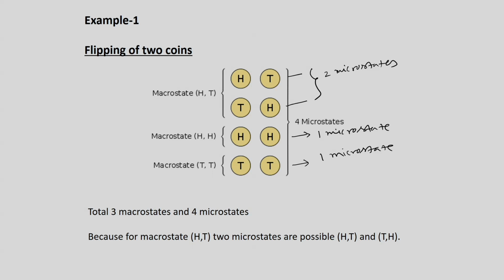What are those macrostates? One head one tail is 1 macrostate, both heads is 1 macrostate, and both tails is the third macrostate. And how many microstates do we have? We have 4 microstates, because the macrostate HT contains 2 microstates, like HT and TH.